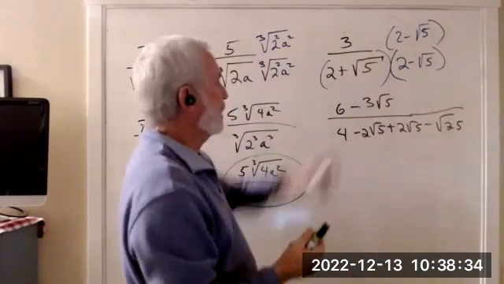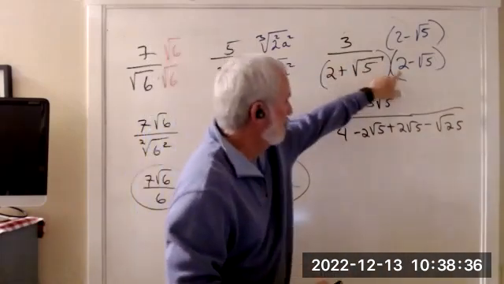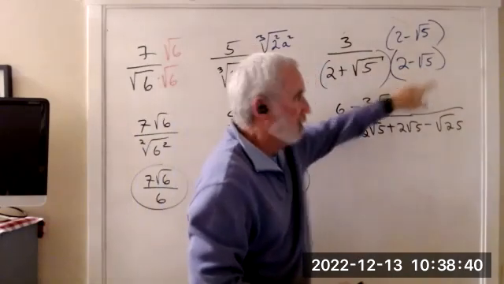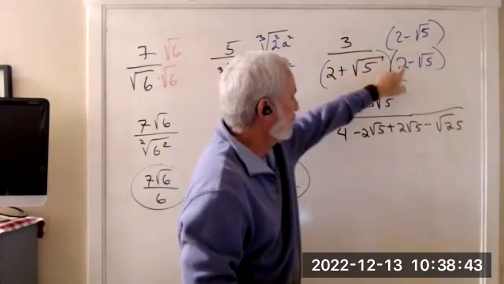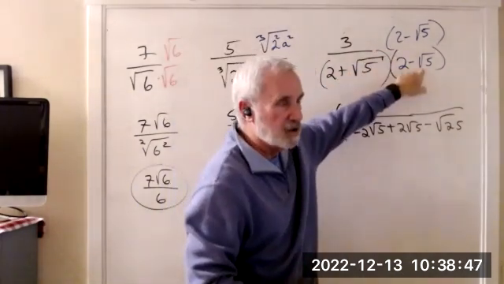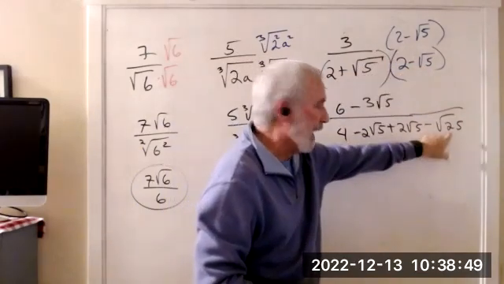Because what we did: 2 times 2, 2 times negative radical 5, radical 5 times 2, and radical 5 times radical 5, that's where we use the inside, outside rule to get that.